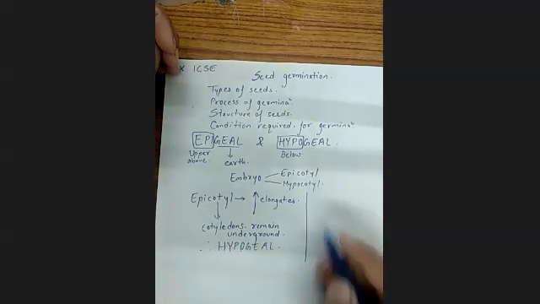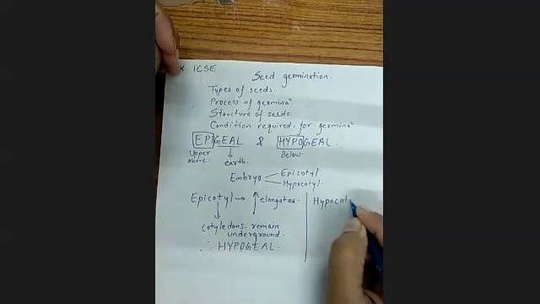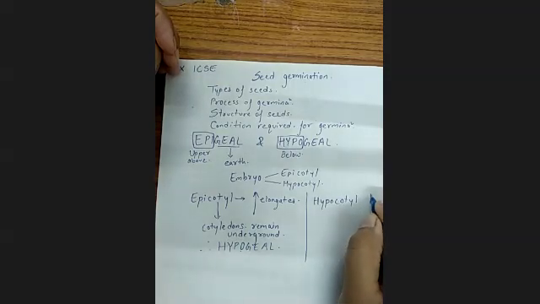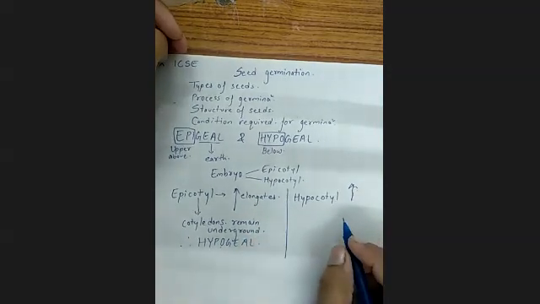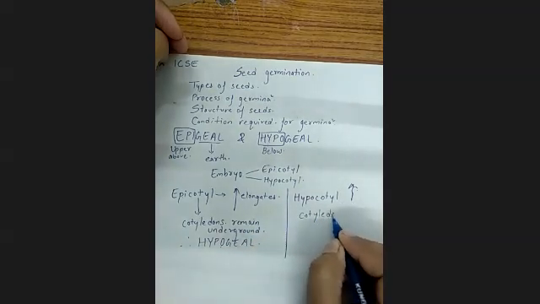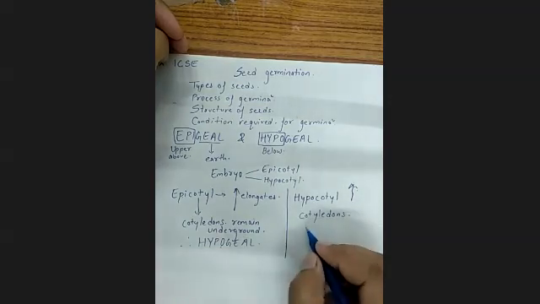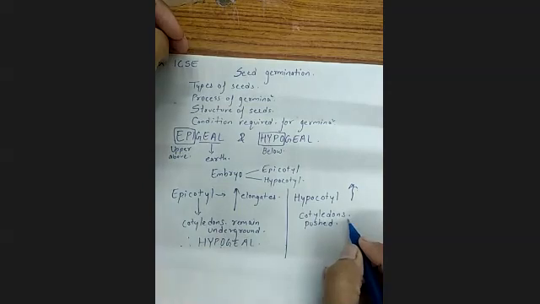And if the hypocotyl elongates, then the cotyledons will be pushed above the ground.